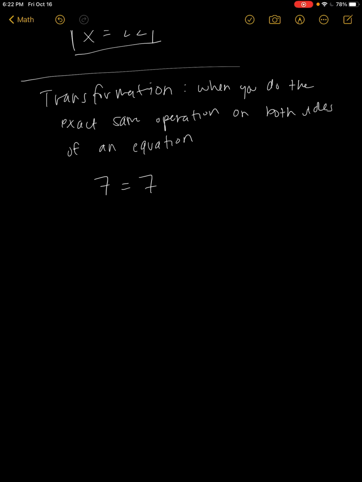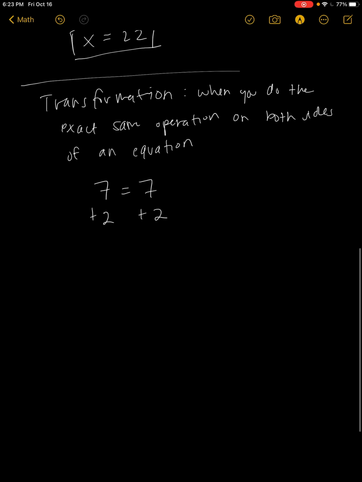So if I have two things that are equal, you could think of it as I have 7 apples, you have 7 apples, right? If I want to keep it equal, say you got 2 apples, in order for us to still have the same amount of apples, I would also have to get 2 apples, right?